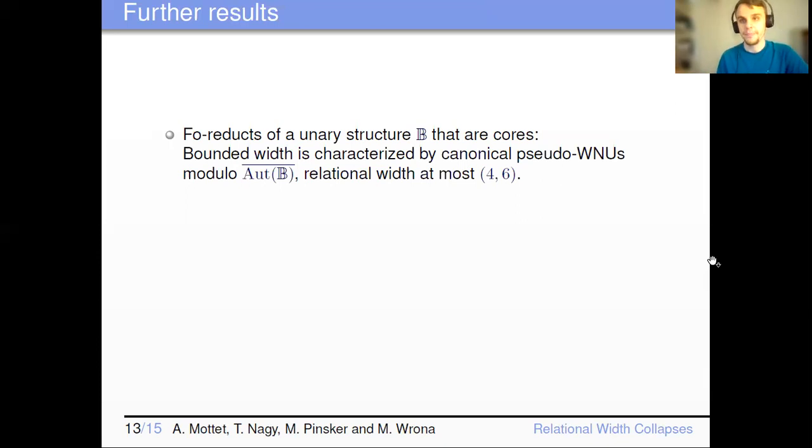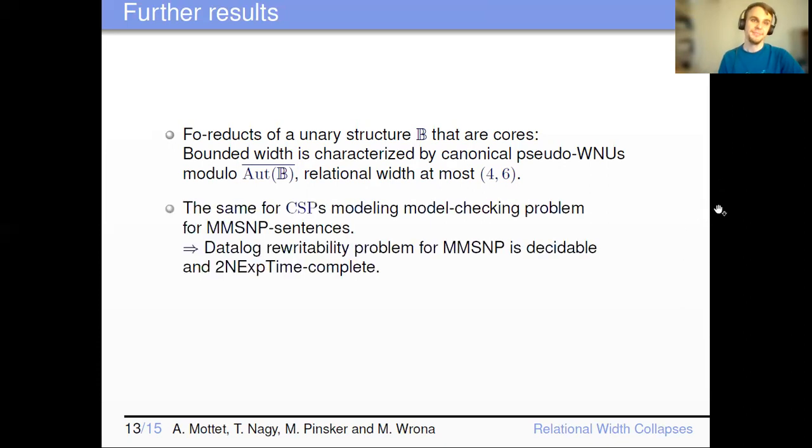But attention here, this is the only kind of structure where we cannot prove that this bound is really tight. So we don't have a proof that there exists such a structure having relational width 4,6 and not less. We actually think that this is not the case.